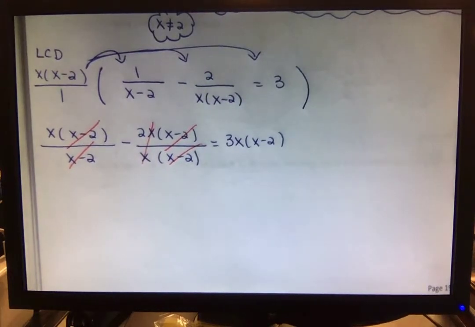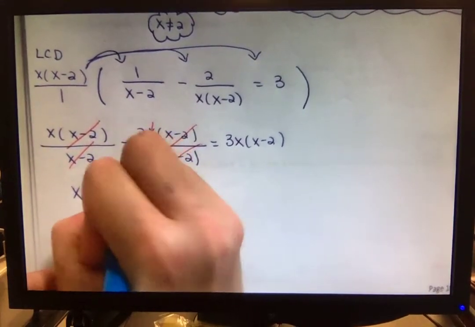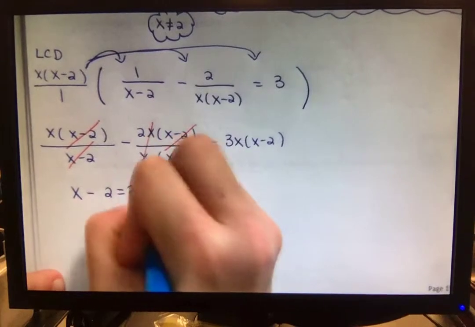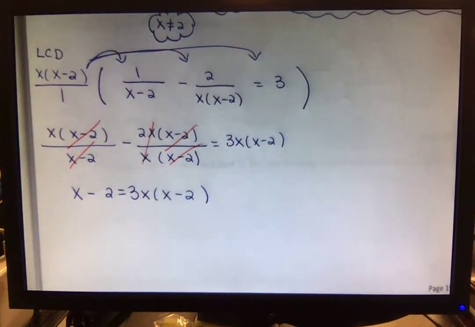All that stuff. X minus 2's cancel, x's cancel. We're left over with x minus 2 equals 3x times x minus 2. So we got rid of our fractions. We're good to go.